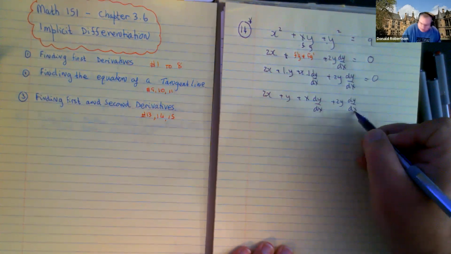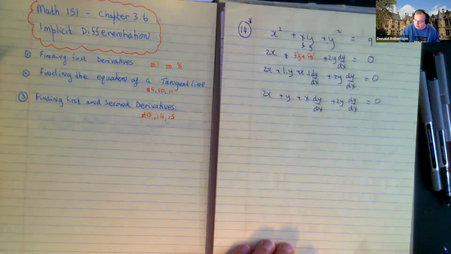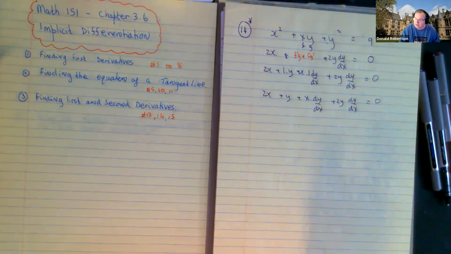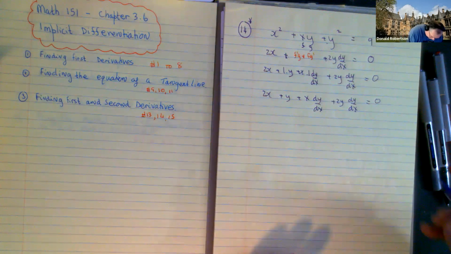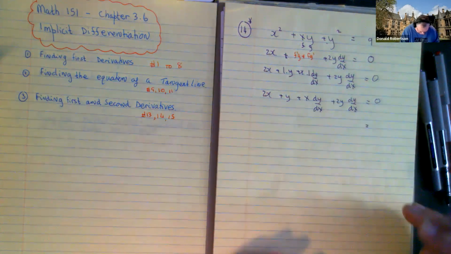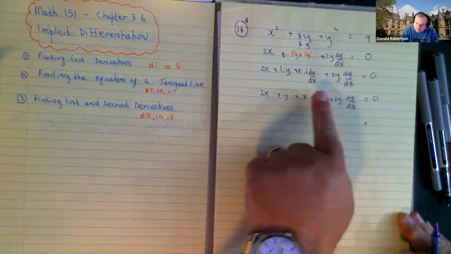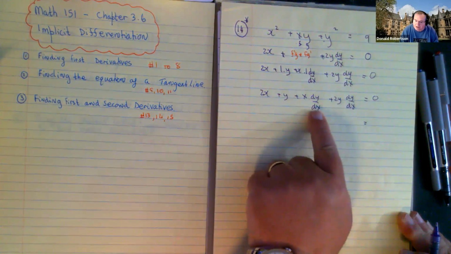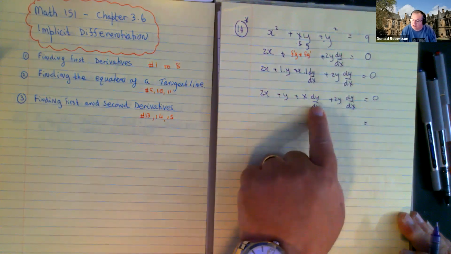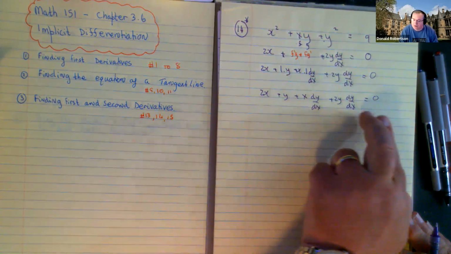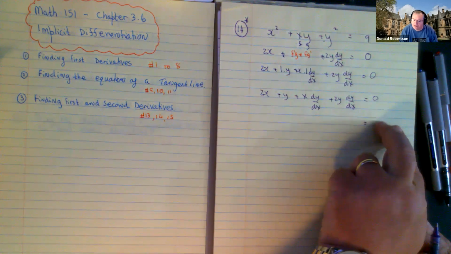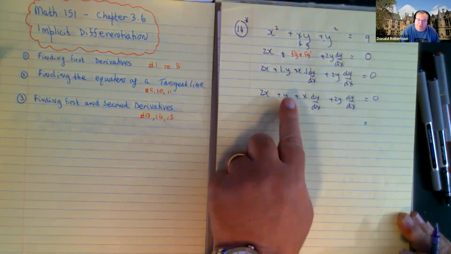Now, in the big scheme of things, that should not be that bad a question, right? We've done enough of these to be comfortable, I hope. Now, the finish of the process is going to be pretty much standard. Aren't I going to keep these two terms on the left because they both have a dy by dx attached to them? And these two terms here, aren't they going to end up over here? So I'm going to subtract 2x from both sides. I'm going to subtract a y from both sides.